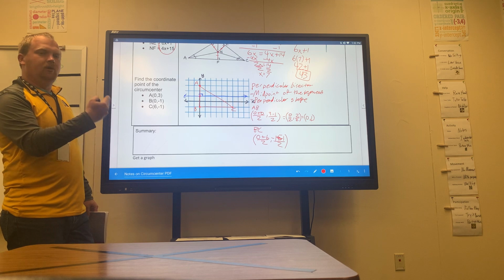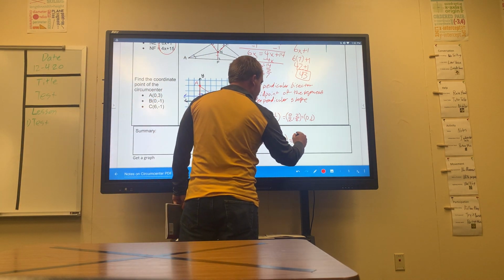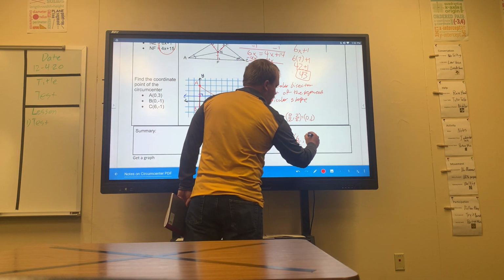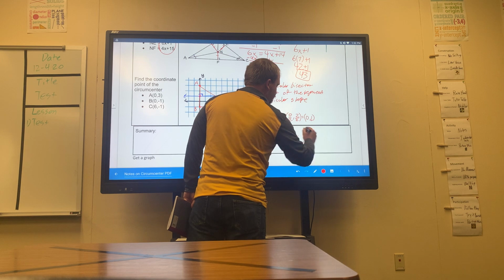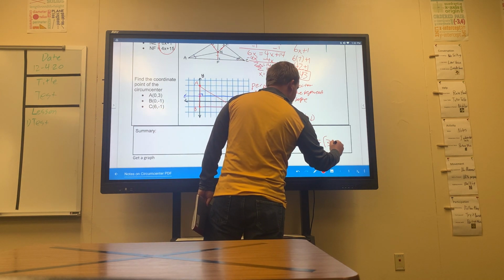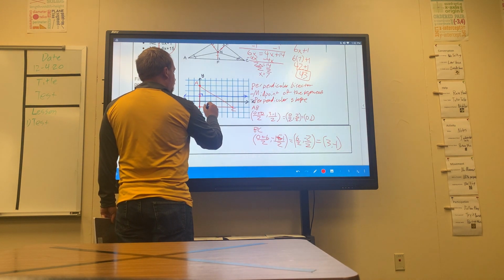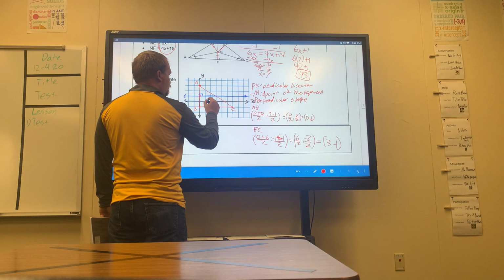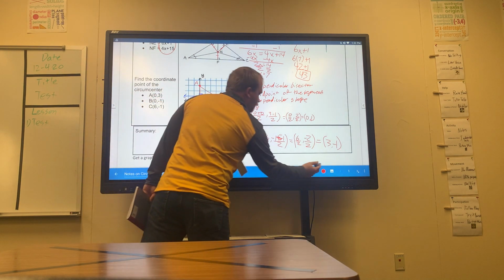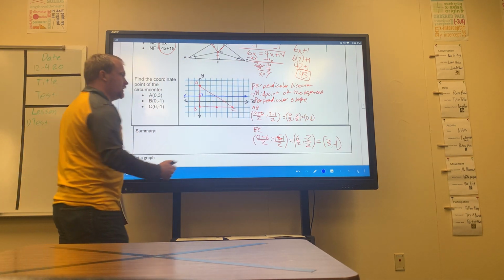But -1, now, let me start over. Now, 0 plus 6 gives me 6 over 2. -1 minus 1 is -2 over 2. And that comes out to be 3, -1. So I'm going to do 3, -1. Now, what's perpendicular to a horizontal line? A vertical line.